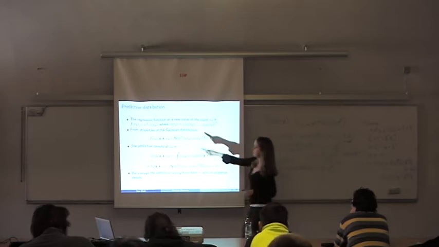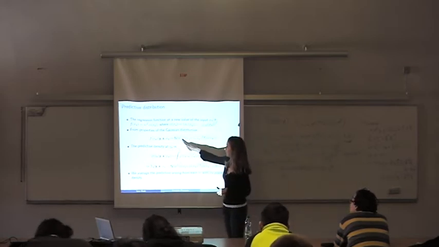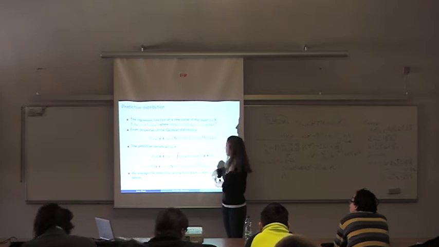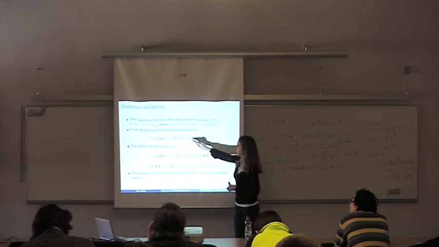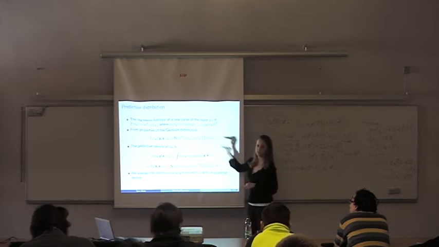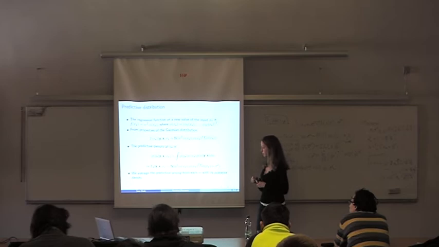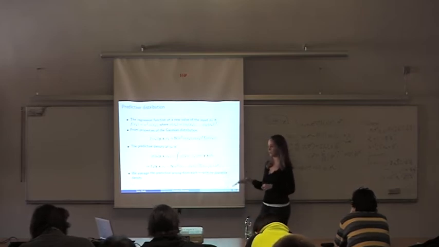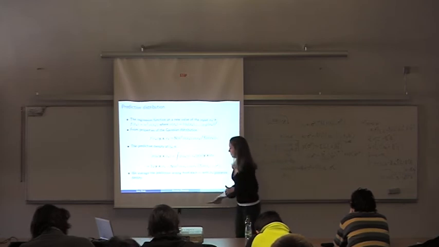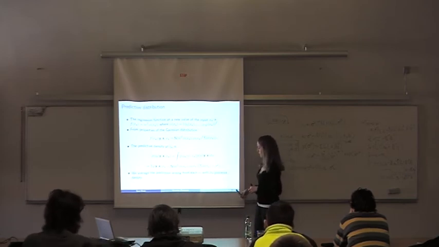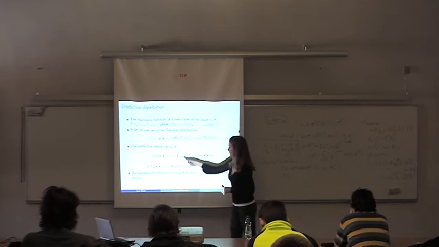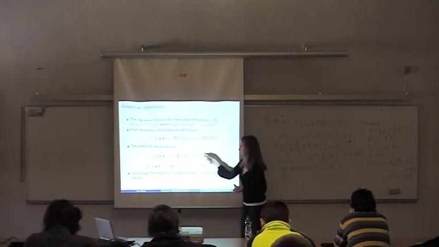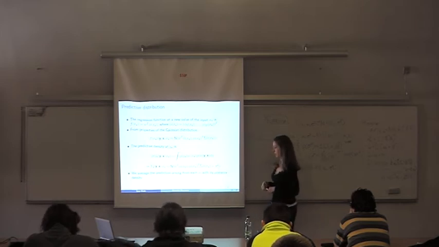So f of x star is just normal with mean w hat transpose phi evaluated at x star, and we get this variance term here. The predictive density of a new y star, given the data, is the prediction evaluated at each w, weighted with the posterior probabilities.